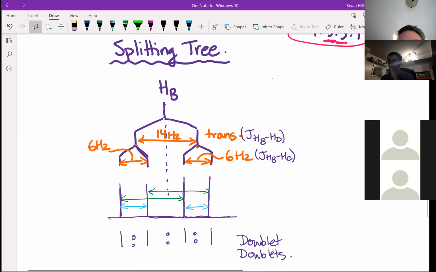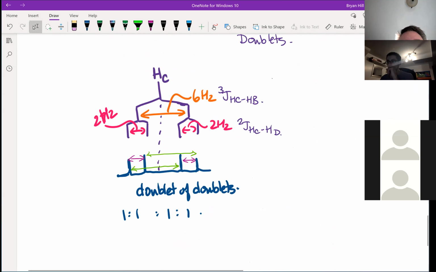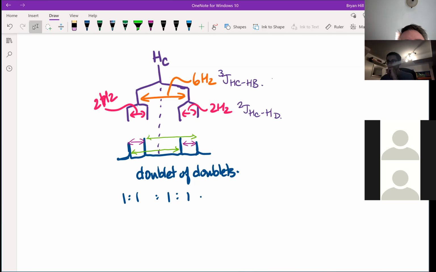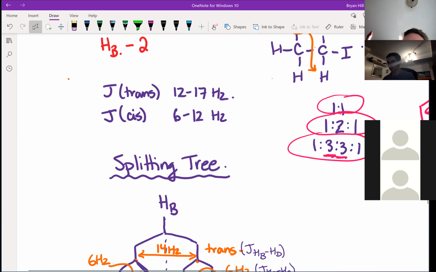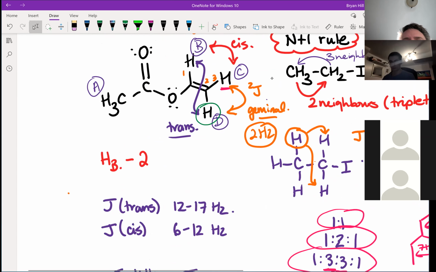So it's kind of a neat little exercise to do. The chemical shifts for all of these would be slightly different as well, and they would all integrate to 1. That would be what we'd expect.